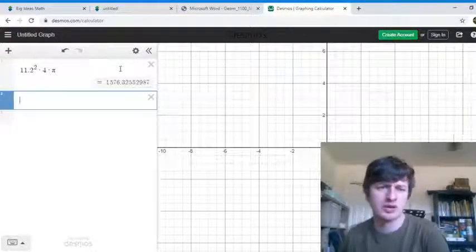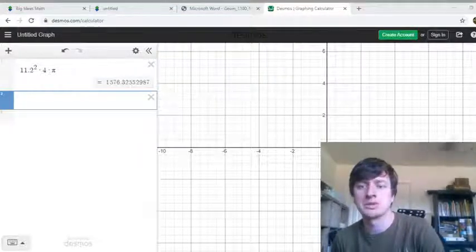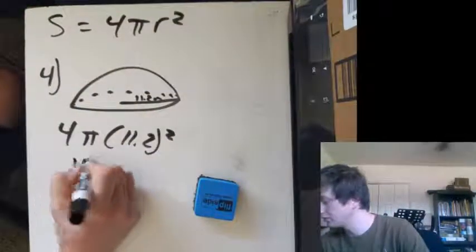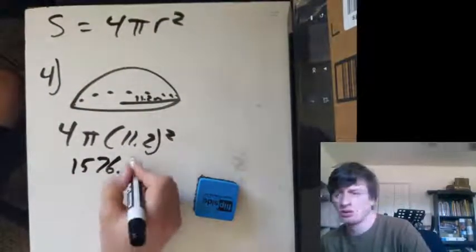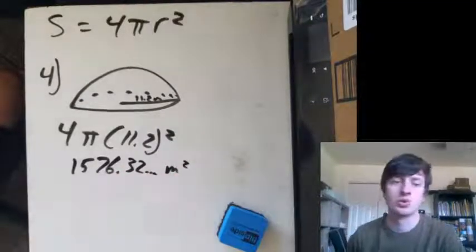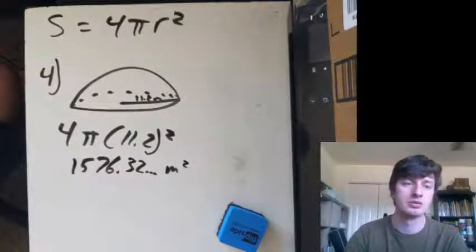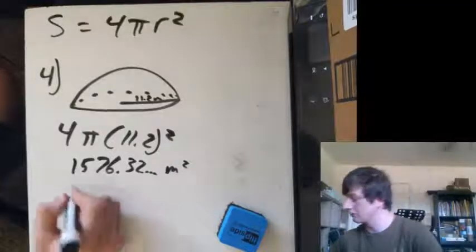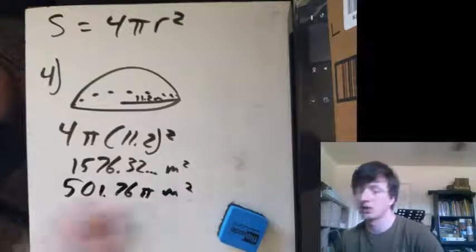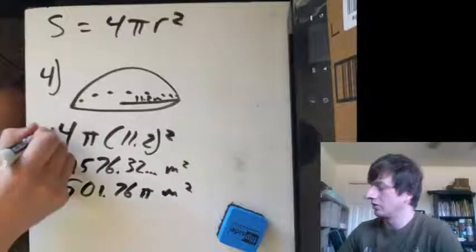So that gives us 1,576.32 meters squared. Or you could leave it in terms of pi, and you would get, just delete the pi from our calculator, you get 501.76 pi. Those two things are all equal, all the same.